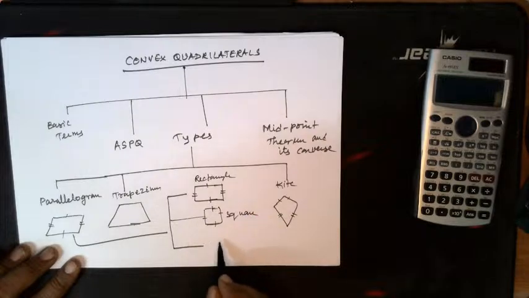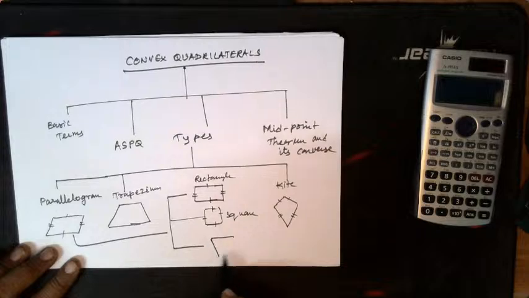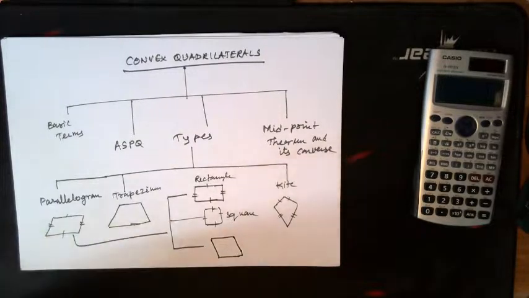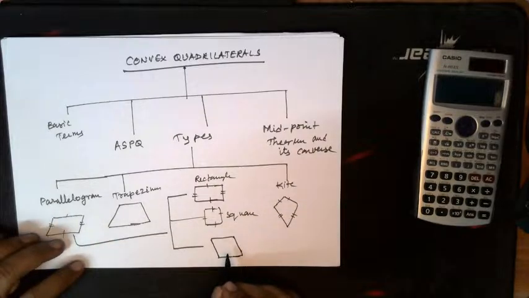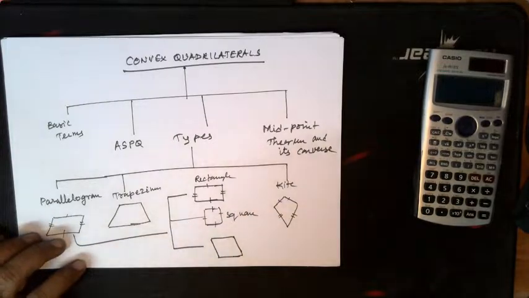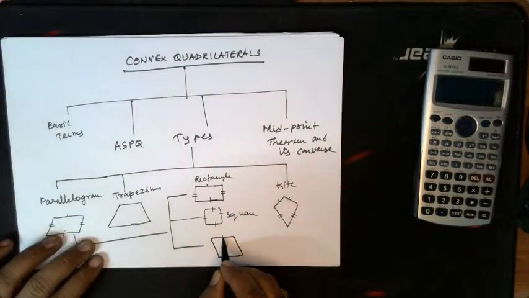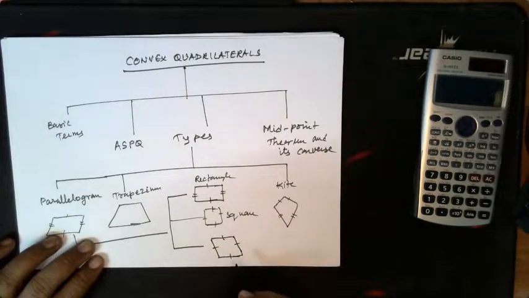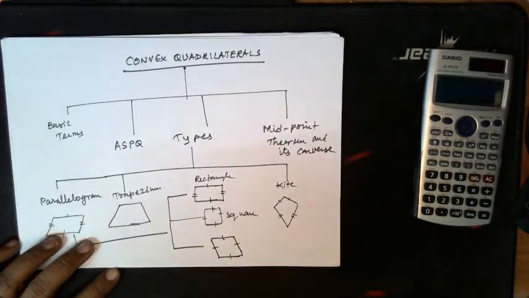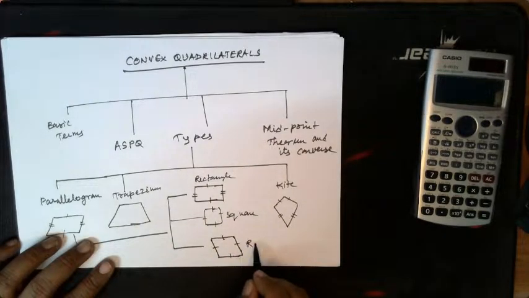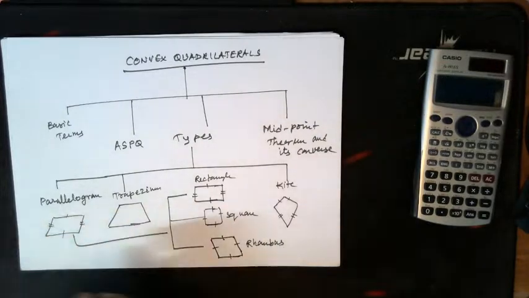Then we have rhombus: all sides are equal, but it is not a rectangle, the angles are not 90 degrees, but opposite angles are equal. This is called a rhombus, R-H-O-M-B-U-S.